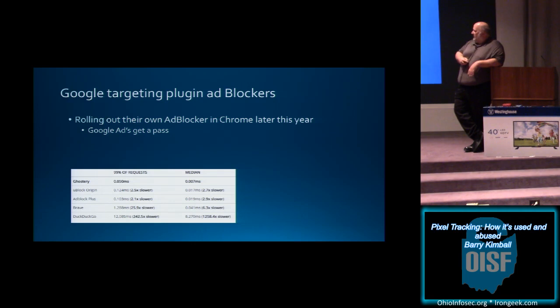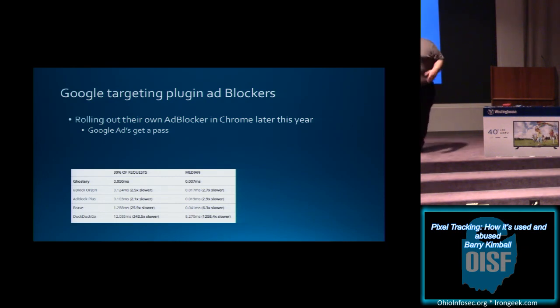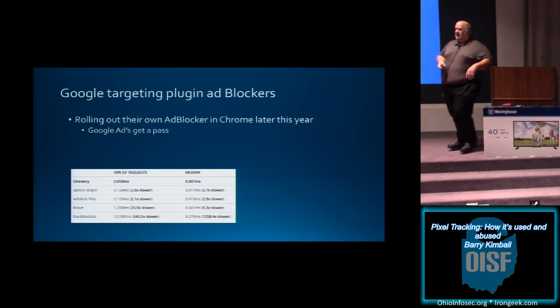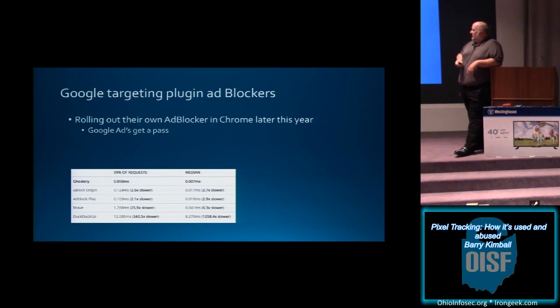Here are some of the timestamps from a third party, showing the effects of some of these ad blockers. I can't quite see them from here, but Ghostery is pretty low. uBlock Origin, I mean, it's 1/100th of a second. I'll happily put up with that to not see any ads when I'm visiting Facebook or YouTube or the like.